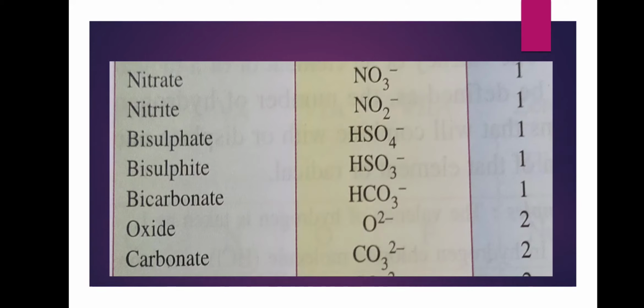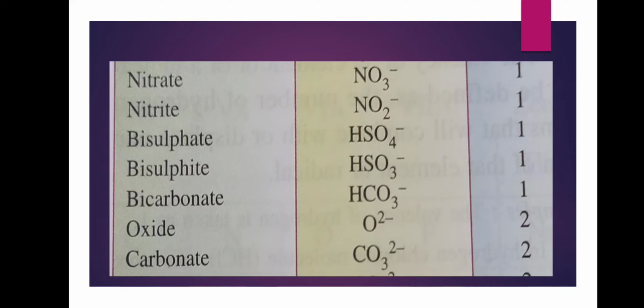Now, next, here it is given very clearly. So, nitrate NO3 minus, nothing is written means 1. So, its valency is 1. Then nitrite NO2 minus. Minus sign indicates, when in the power it is given minus, this is an acid radical, and its valency is 1.